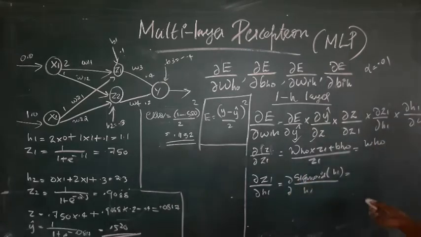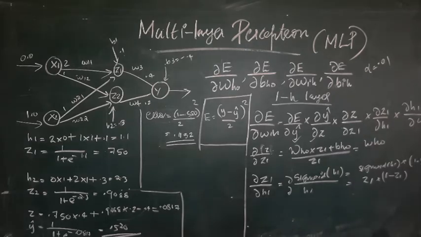As I have already told you, the derivative of sigmoid of h1 with respect to h1 is sigmoid of h1 into 1 minus sigmoid of h1. Sigmoid of h1 is nothing but z1, so z1 into 1 minus z1 is the value that we are getting here.